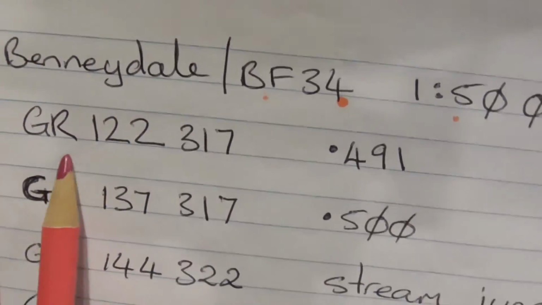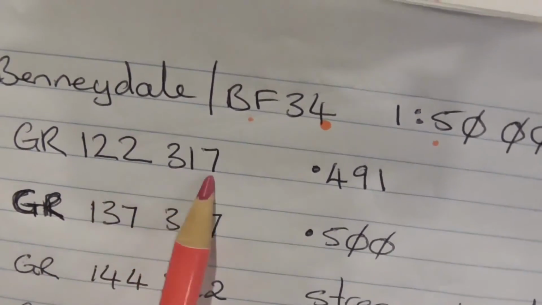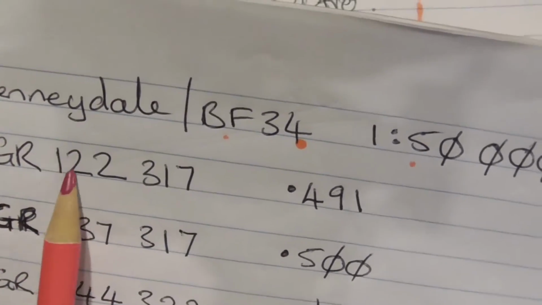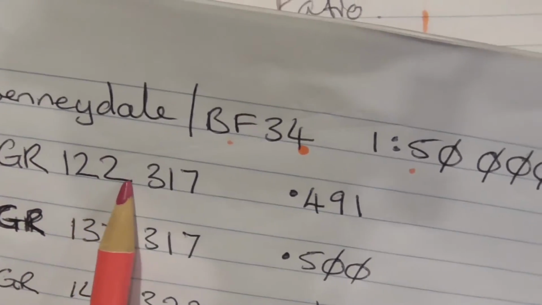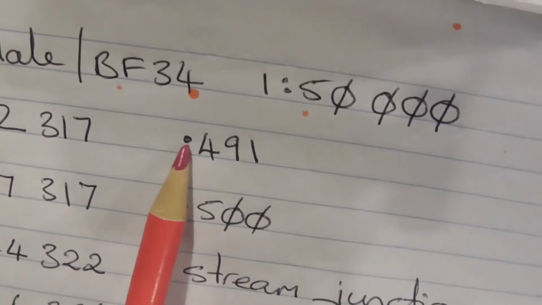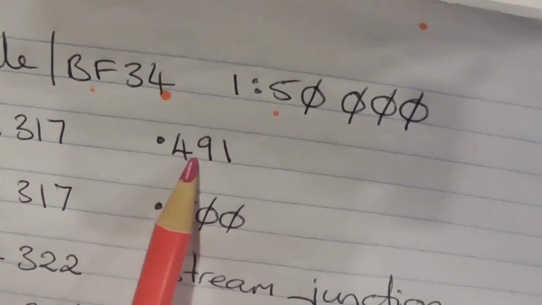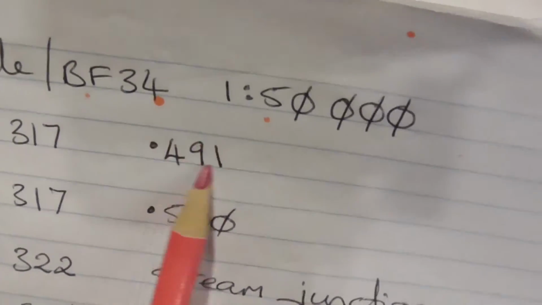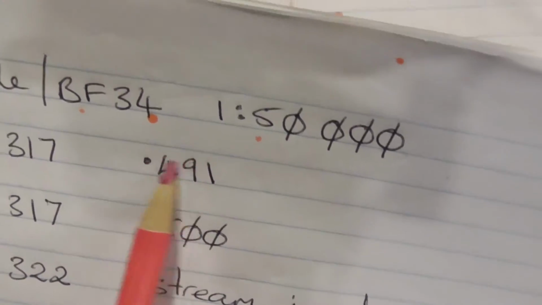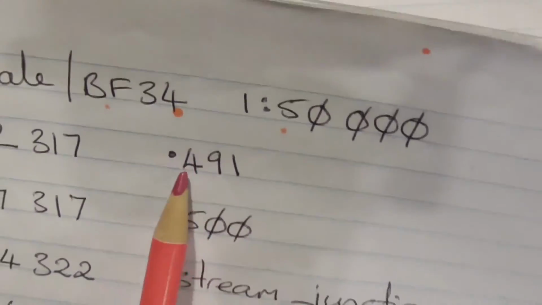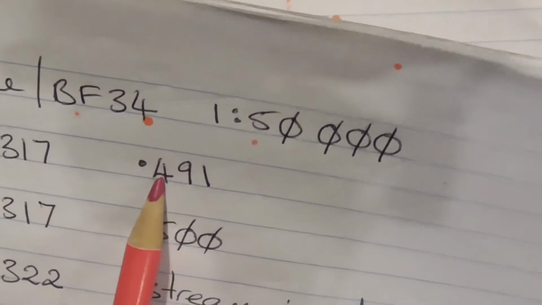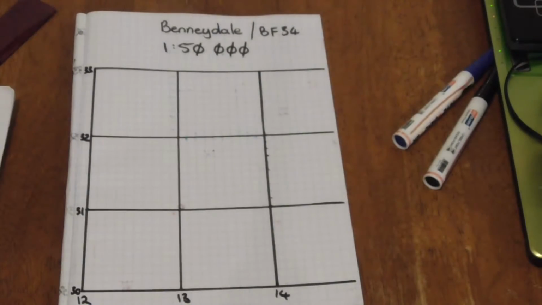So the first one we're going to look for is a 6-figure grid reference, so there's 6 numbers: grid reference 122317, and we're going to put in spot height 491. So that's a feature. That's the height of a hill or a mountain. It's 491 meters high. Okay, spot height 491.